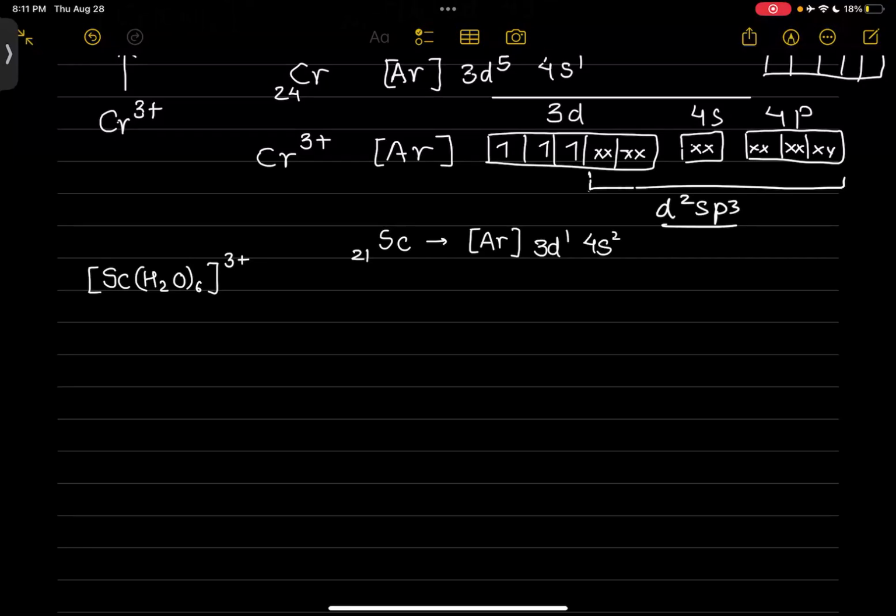Right? And in our question, the complex which is given to us is scandium +3. We need to remove 3 electrons, and as you can see, all the 3 electrons from 4s and 3d will be removed. So I'm going to write the scandium again with the +3 charge, and that will be argon.